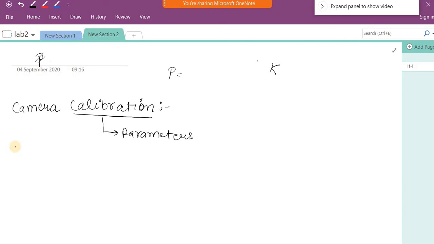For the basic definition, camera calibration means determining the internal camera parameters in the form of a matrix. Whatever parameters the camera takes in terms of rotation, transformation, scaling, and xy coordinates, it has to be understood using a matrix, and this matrix is indicated by K.